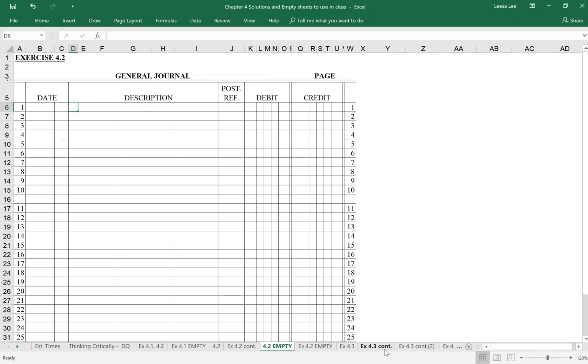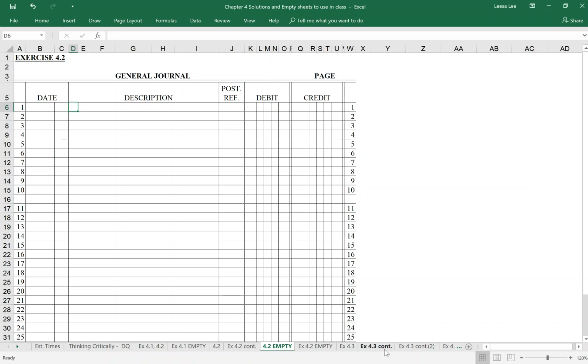The General Journal was the journal of original entry of each transaction. Maybe it's not how we do business anymore, but it's where every transaction starts, and it's how you figure out which accounts every transaction is going to, which ones will be affected.